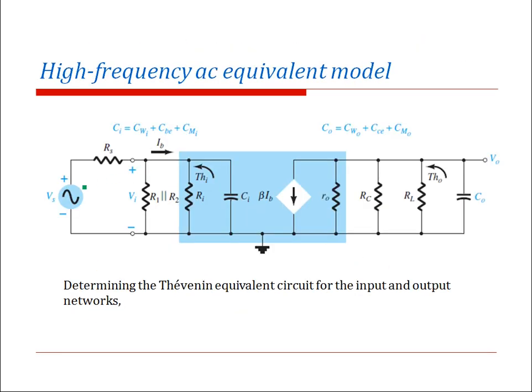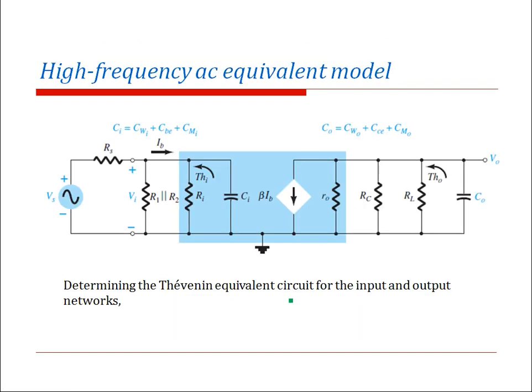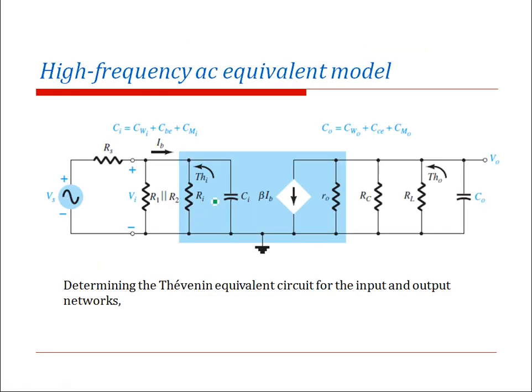So here you have the resistance RS, then R1 parallel to R2, isn't it? Then RC, RE, etc. But RE will be shorted out by this CE because it is at high frequency. Please remember that. So here RS, R1 parallel to R2, then Ri is the input resistance.